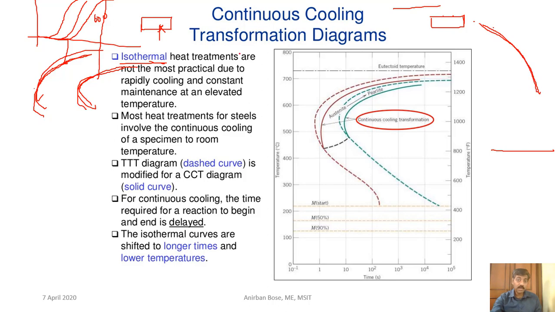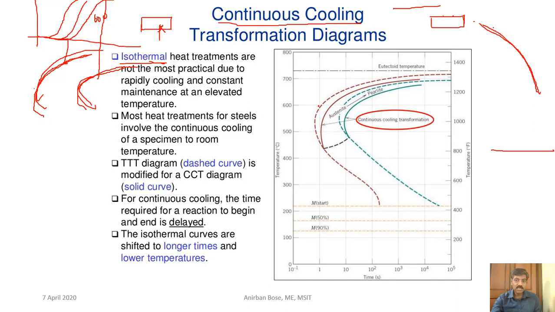Okay, so because the practical process is continuous cooling, obviously we have to refer to the continuous cooling transformation diagram, and how they are different from the isothermal transformation diagram. They are almost similar, but a slight change is there. You can see these lines, that means the solid lines you can see are the continuous cooling curves, whereas the dotted lines are the isothermal lines.